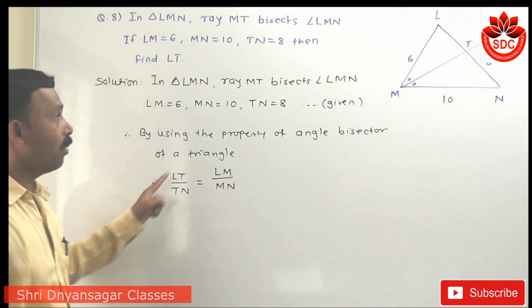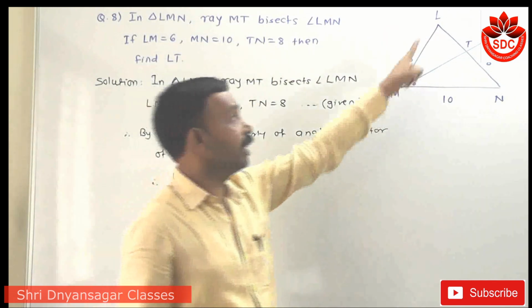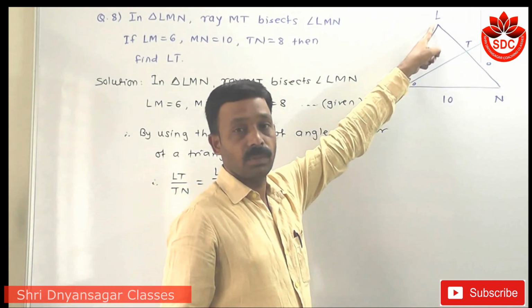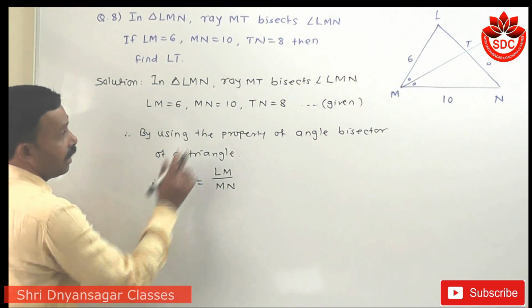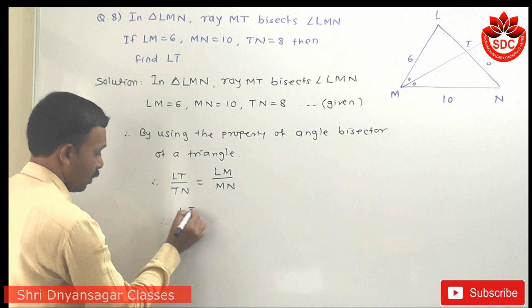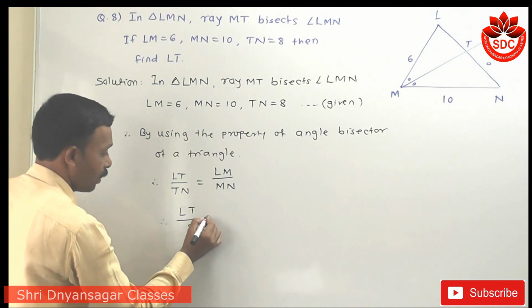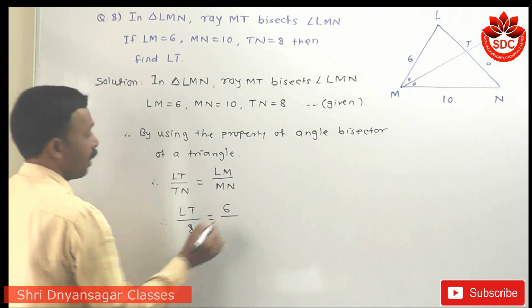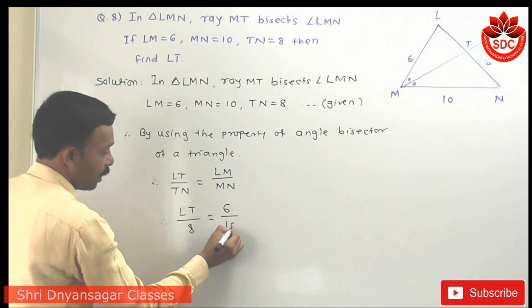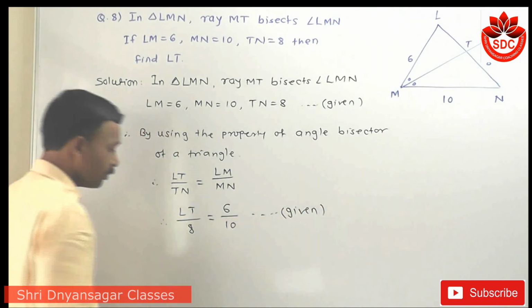Students, if you start from L, then for the second ratio also you start from L. Now we substitute the values. LT is to be found, the value of TN is given: 8 is equal to LM is 6 and MN is 10.